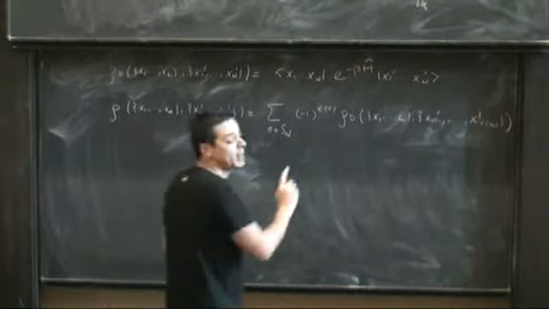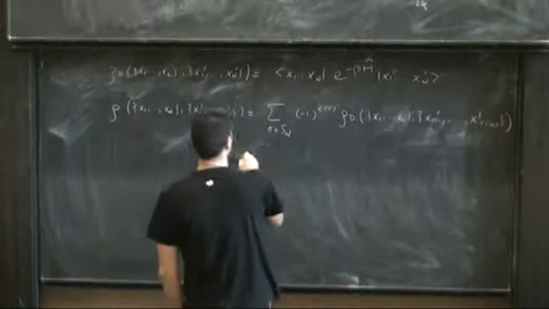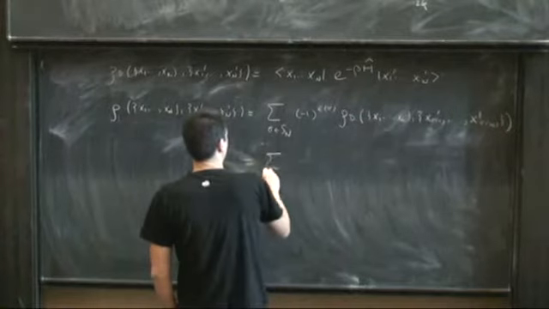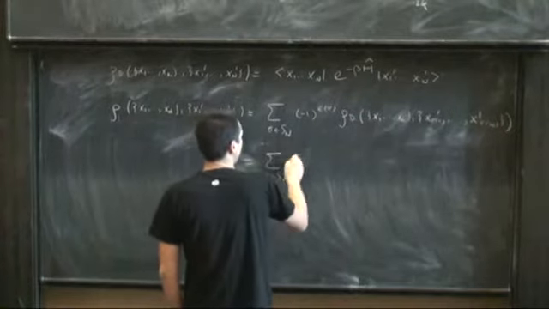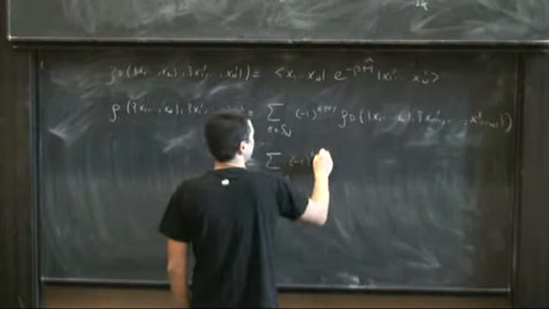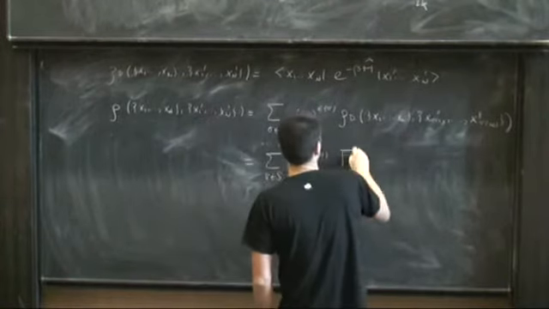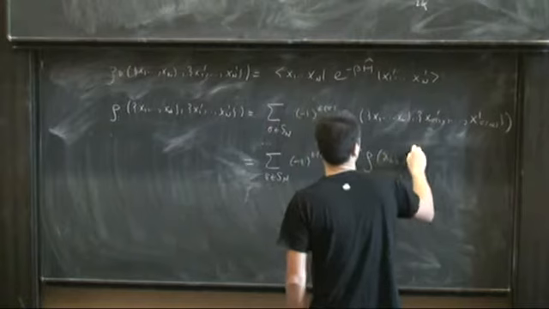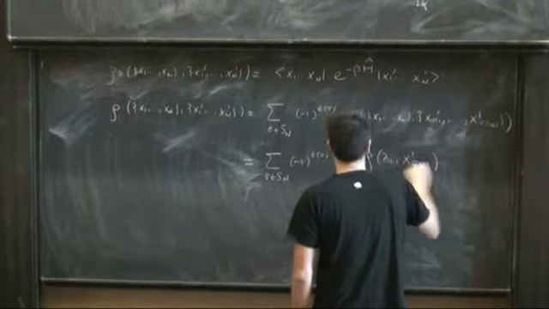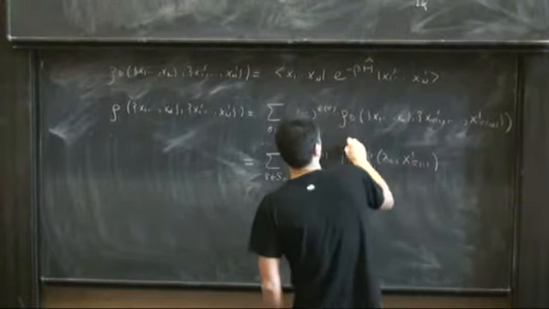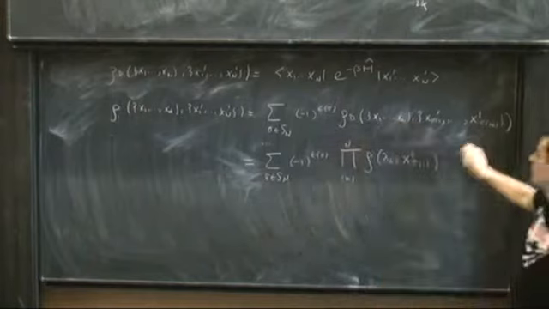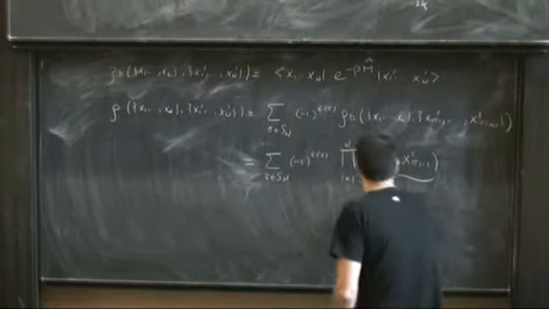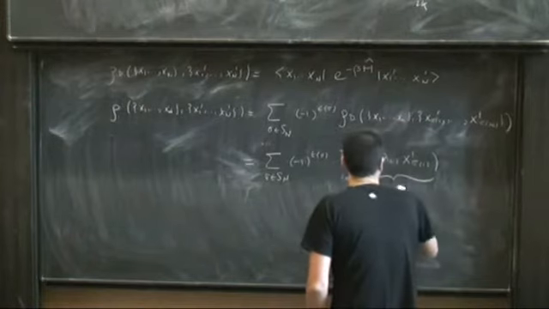Now, if the particles are ideal, a system of non-interacting particles, then the density matrix factorizes, and what you get here is this kind of quantity. So this factorizes into pairs, and this guy here is the one-particle density matrix.